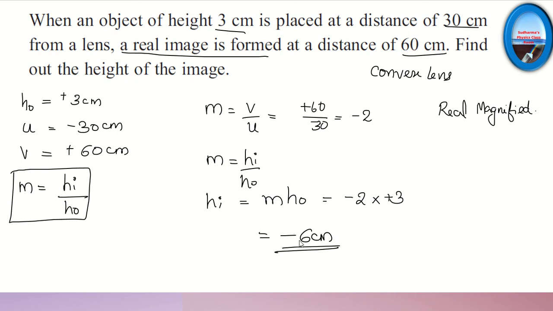So here again, the negative sign indicates it is below the principal axis. So this is our object, here is our convex lens, and the image is below the principal axis. 6 centimeter is the height. So this is how we apply the formula for magnification.